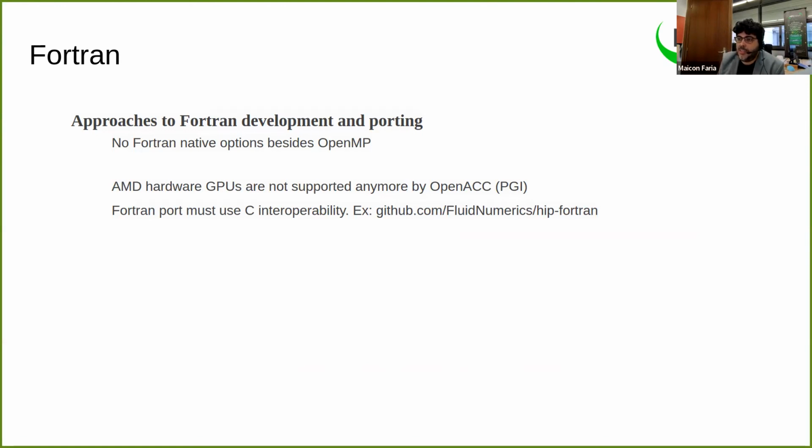So there are some pieces of advice that I would like to give. First, about the ROCm AMD environment and Fortran: it's only supported by OpenMP right now, and I don't know if the support is complete.